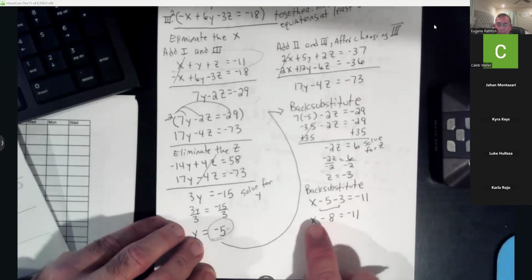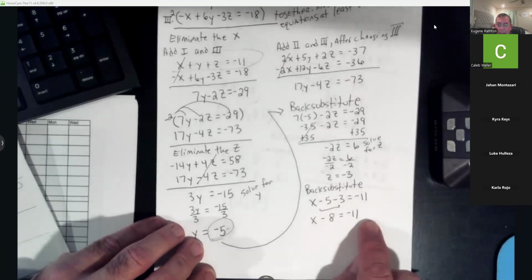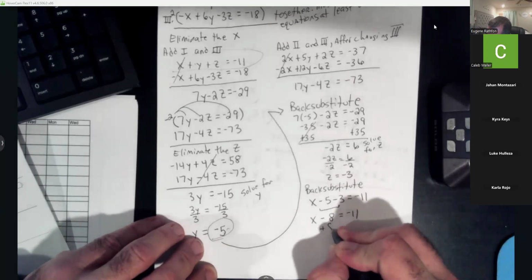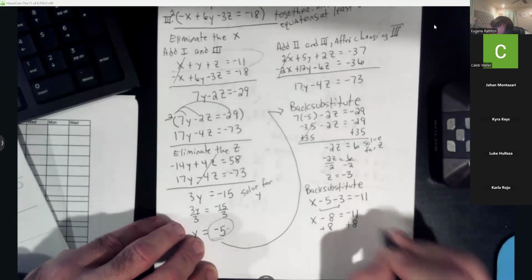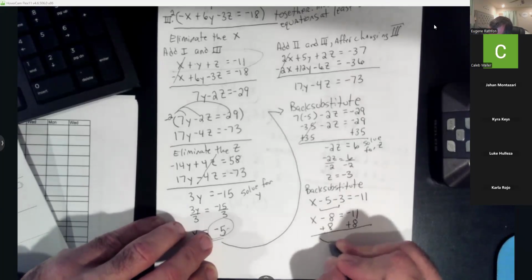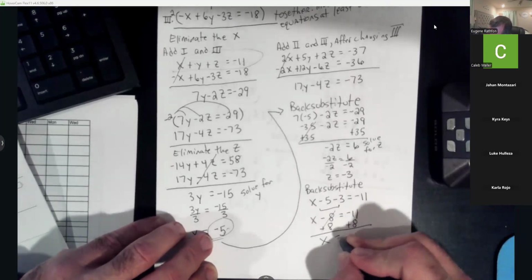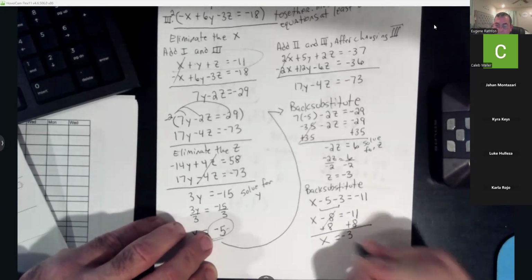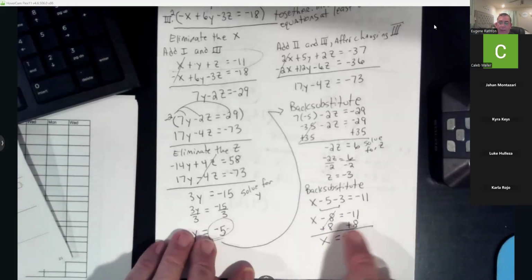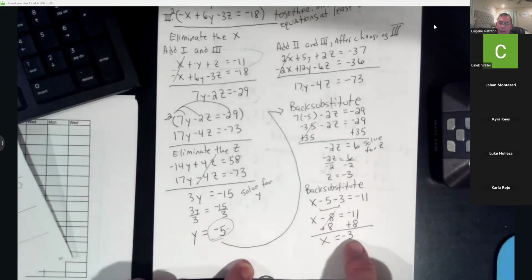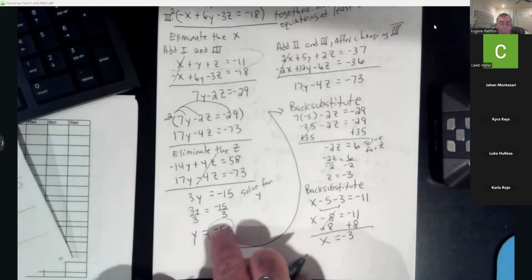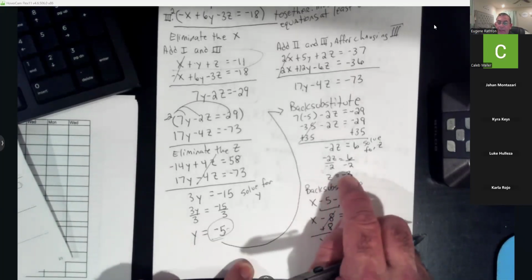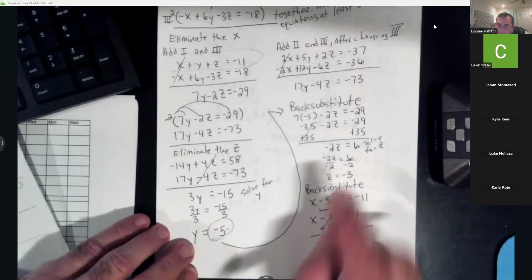And y'all, my last step, get the x by itself, add an 8 to both sides. So that these 8's cancel. Negative 11 and 8 give me a negative 3. So I now know x is negative 3, y is negative 5, z is negative 3.